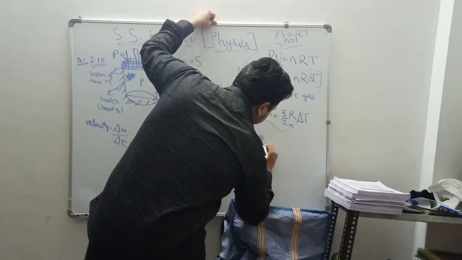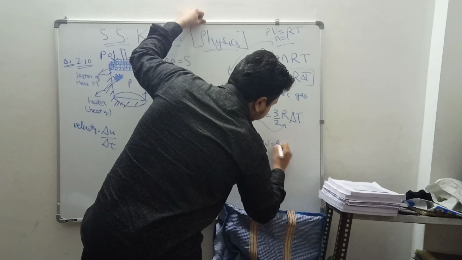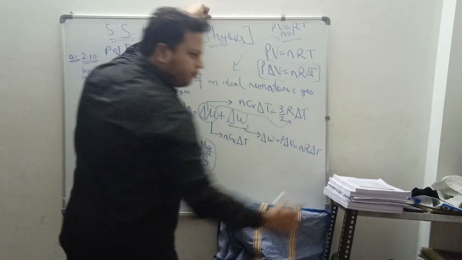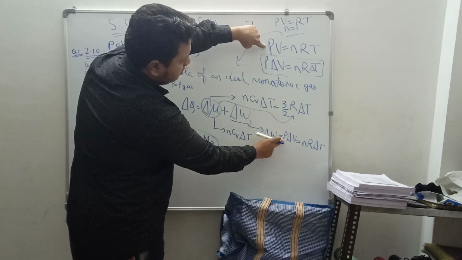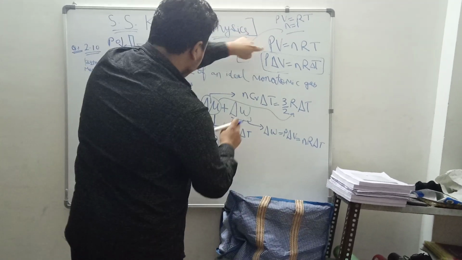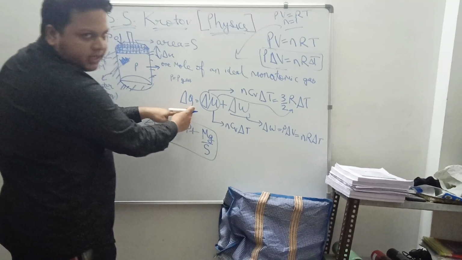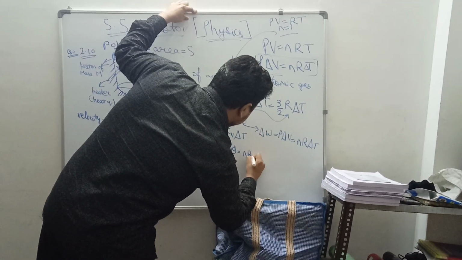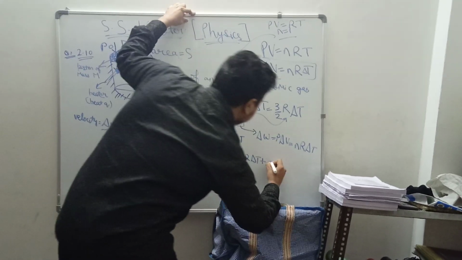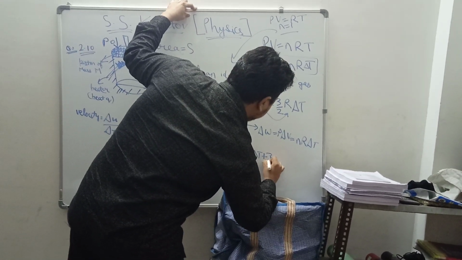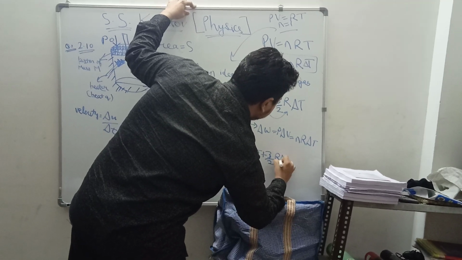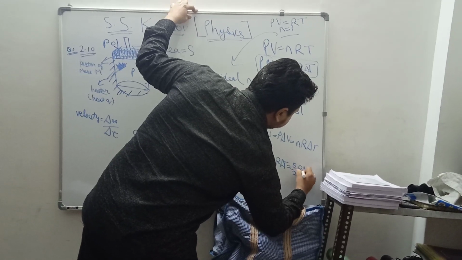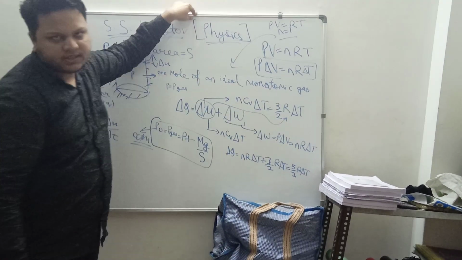So delta W is equal to P delta V, which is equal to nR delta T. Now, if we add delta U and delta W, we will get delta Q. So delta Q is basically nR delta T plus 3 by 2 R delta T, which is equal to 5 by 2 R delta T, since n is equal to 1 here as given in the question.